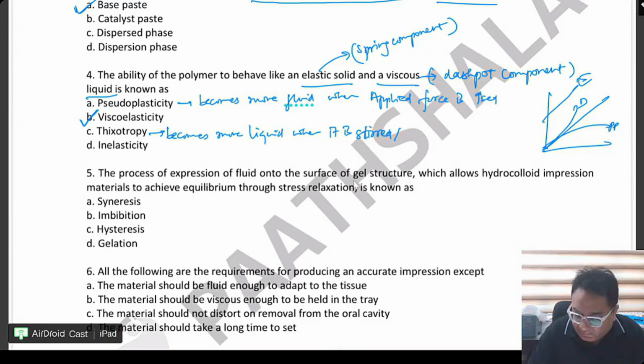What more solid? Pseudoplastic is not becoming more solid. Dilatant is becoming more solid. That is why it is a downward graph. It is a graph which is lower than Newtonian. Viscosity is not increasing, it is decreasing rather.